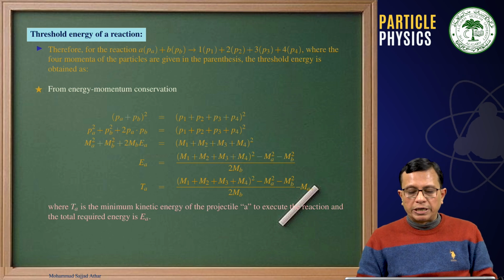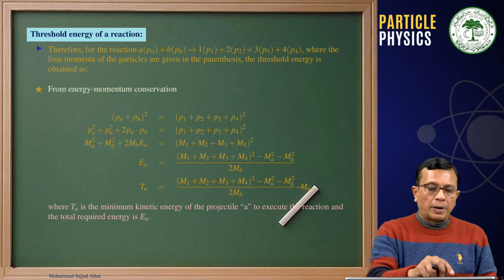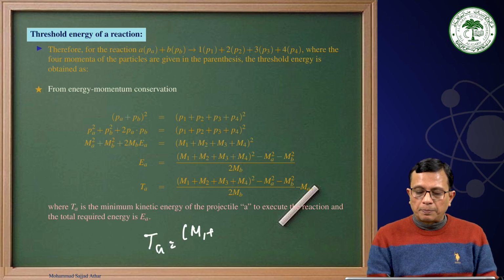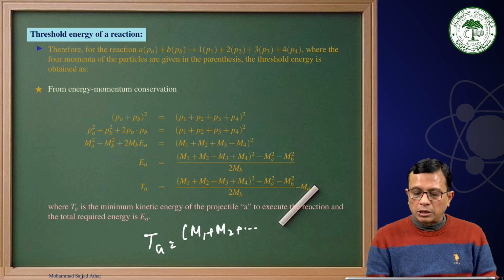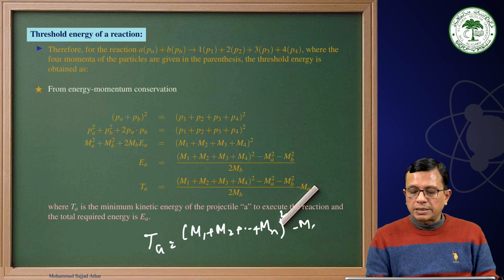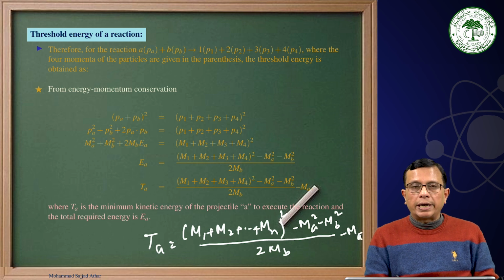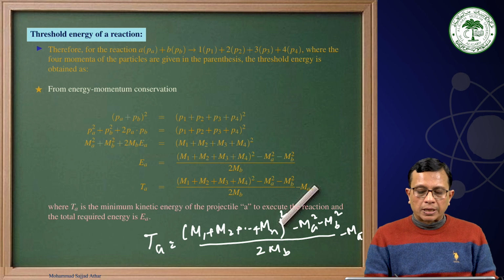We can do it for n number of particles. That means I can write TA for n particles as (M1 plus M2 plus dot dot dot Mn) whole square minus Ma square minus Mb square upon twice Mb, minus Ma. This will be the required kinetic energy of the projectile A.